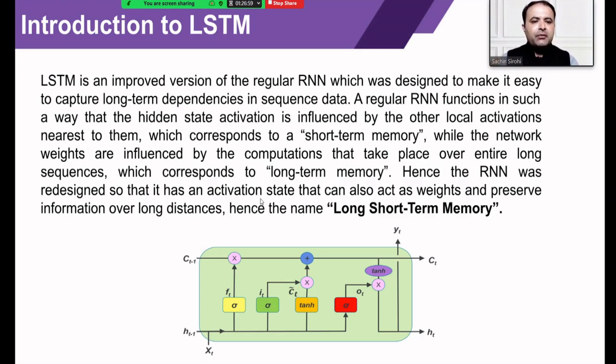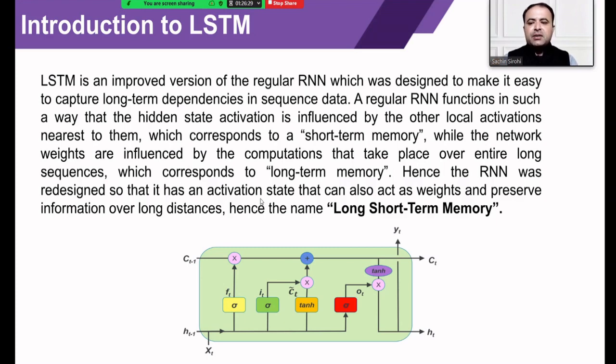A regular RNN functions with nodes which correspond to short-term memory, while the network weights are influenced by the computation over entire long sequences, which corresponds to long-term memory.